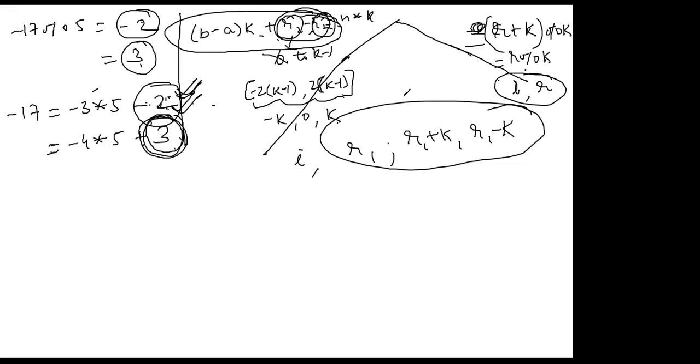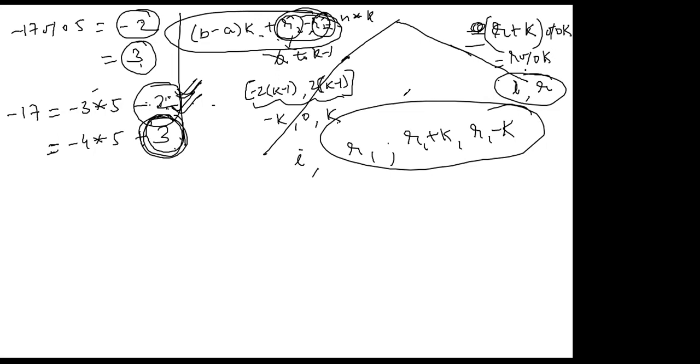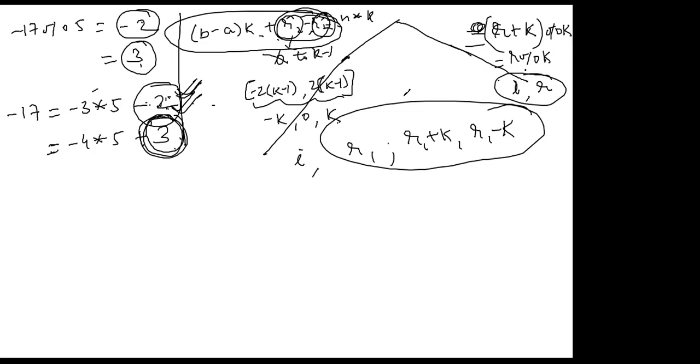So can we take the absolute value? What absolute value of what? Like if we get any negative value, just take the absolute value and then check the remainder. Like our aim is to get the range between 0 to k minus 1, right?